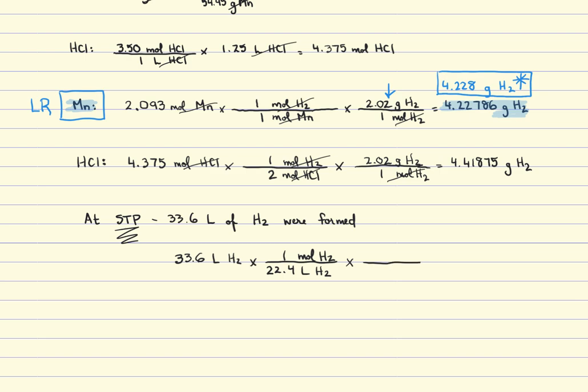And then we can further go on to figure out the mass of hydrogen that was formed by using that trusty molar mass that we always go back to. And let's cancel our moles. And when you do the math here, you'll get 3.03 grams of hydrogen. This is the actual yield.